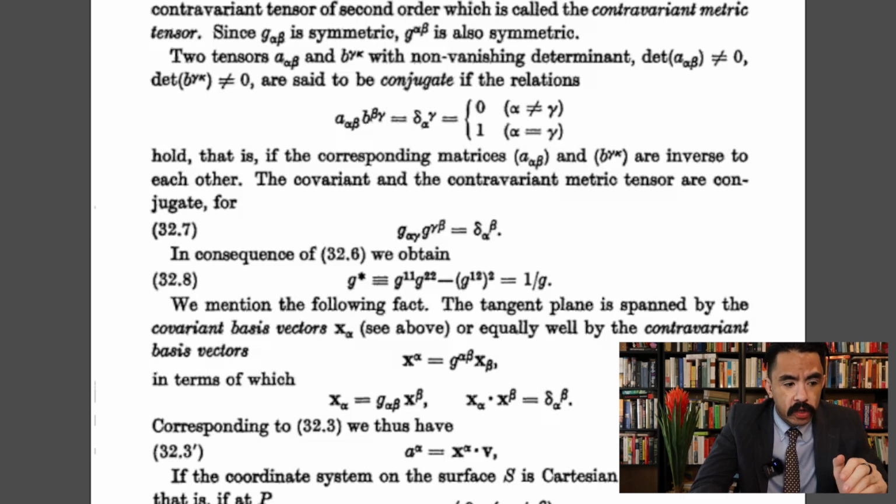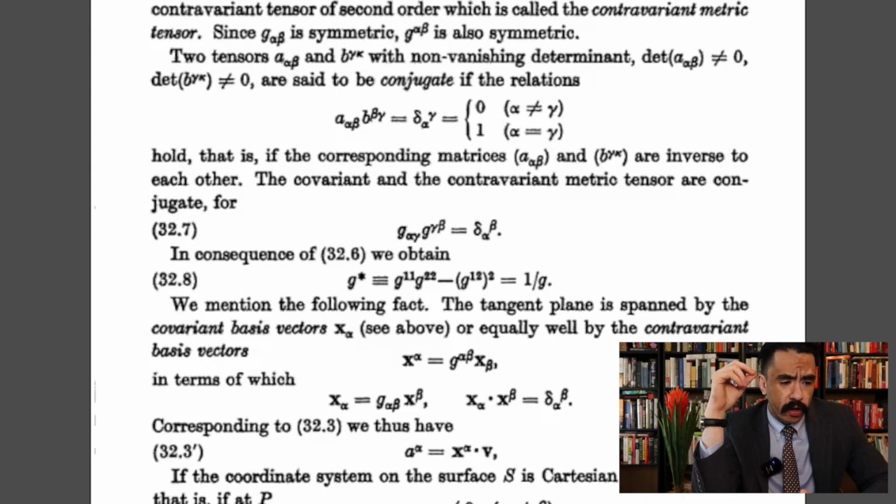So if that relation holds, that is, if the corresponding matrices a sub alpha beta and b superscript gamma kappa are inverse to each other. The covariant and the contravariant metric tensor are conjugate, for g sub alpha gamma times g superscript gamma beta is equal to the Kronecker delta subscript alpha superscript beta.